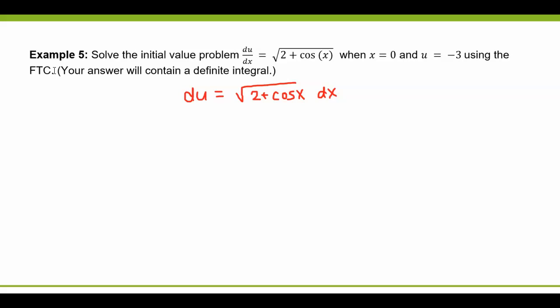But since we need practice with u sub, let's turn what is underneath that radical into our u. So u would be equal to 2 plus the cosine of x. du would be equal to the derivative of that.